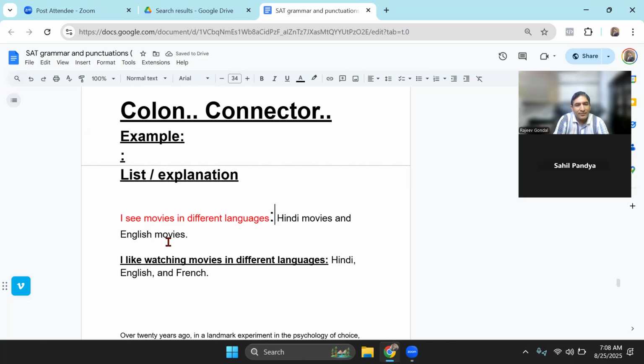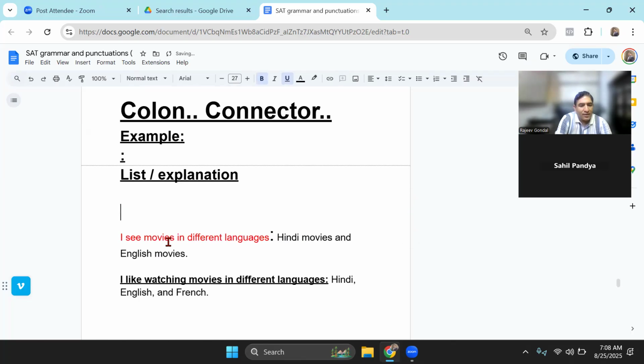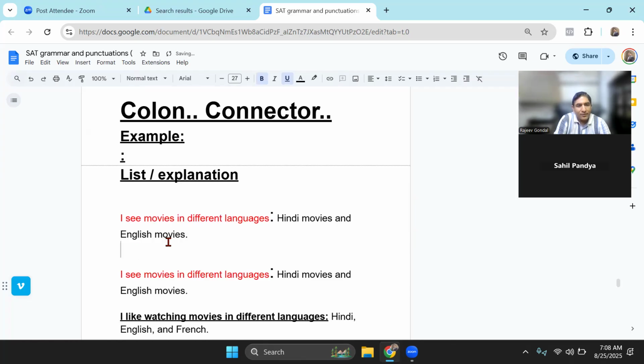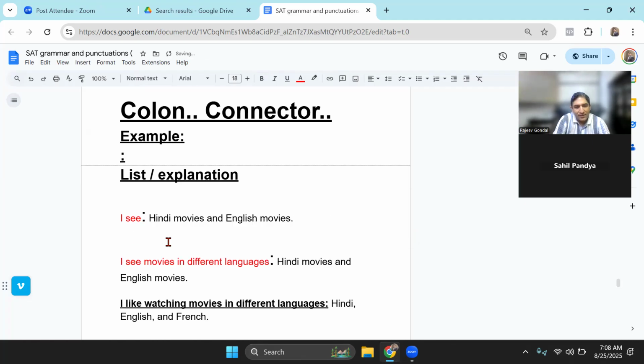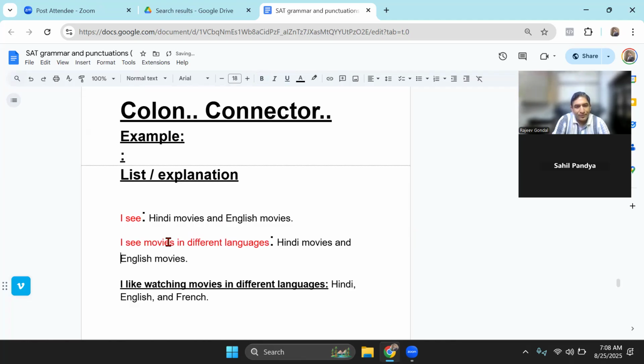Yes, now it's correct. So this is correct, but the previous one is not correct. The part before the colon must be a full sentence. So this is incorrect and this is correct. I see Hindi movies, English movies, and so on. So yeah, that's what it is.